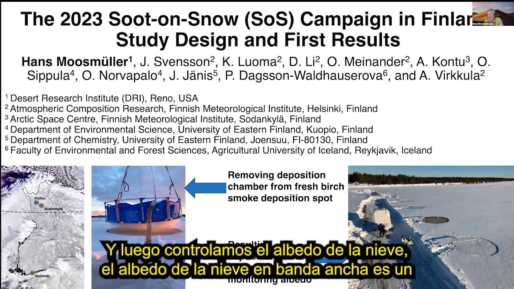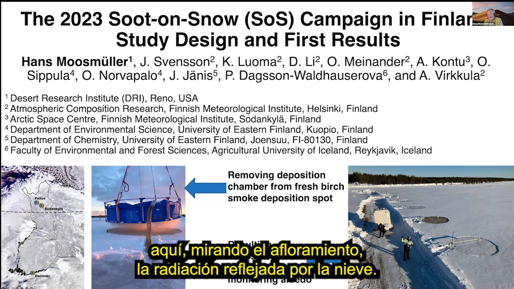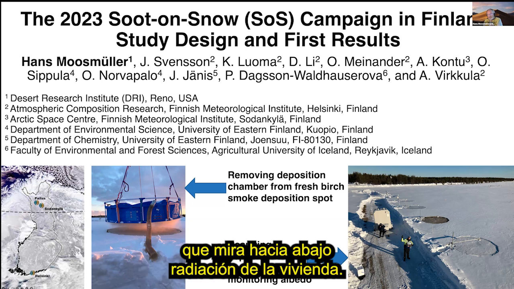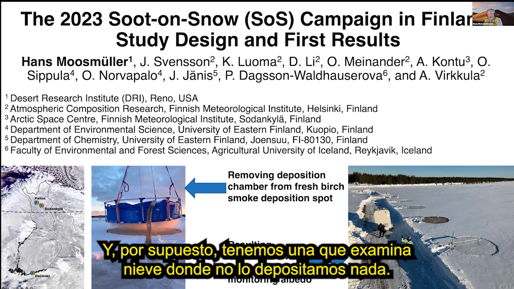And then we monitor the broadband snow albedo, the pyranometer here, looking at the upwelling radiation reflected by the snow. And in the background, we have an additional pyranometer, which looks at the downwelling radiation. And of course, we have one which looks at snow where we didn't deposit anything.